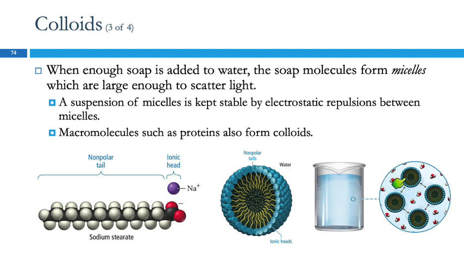So it's the ionic heads of the soap molecules that can relate to the water molecules. And then we've got some electrostatic repulsions between these, which keep them from just forming their own thing like oil does.